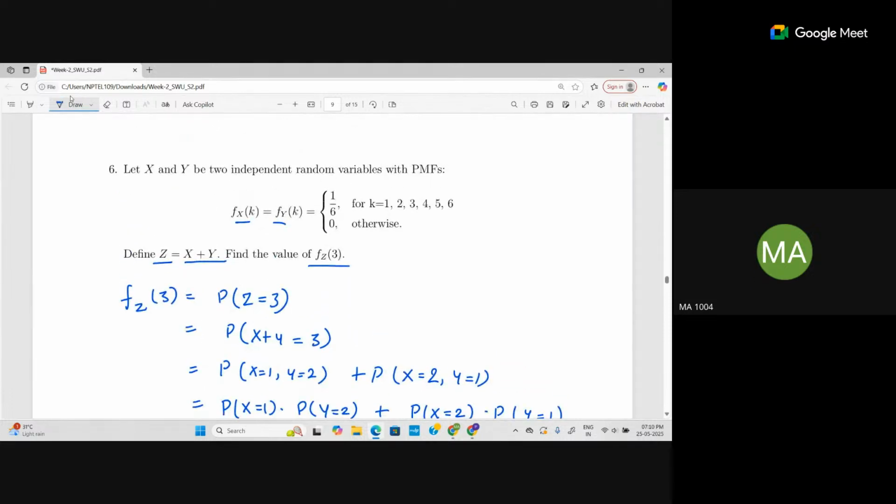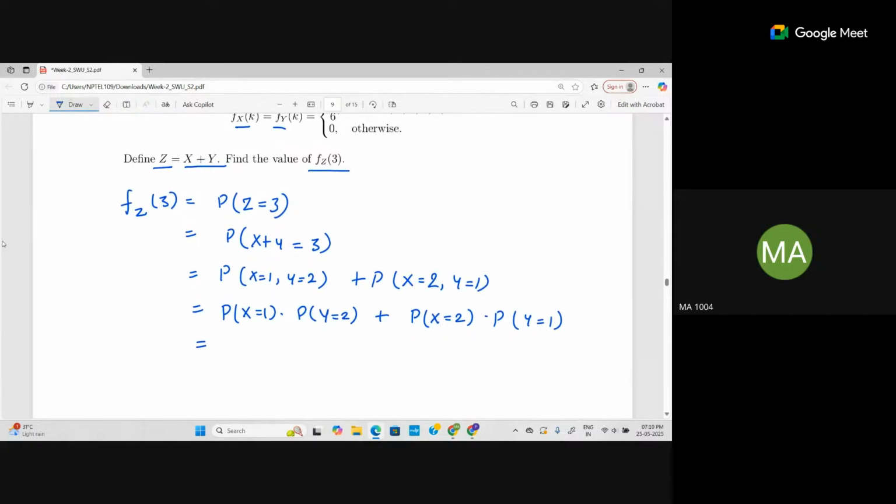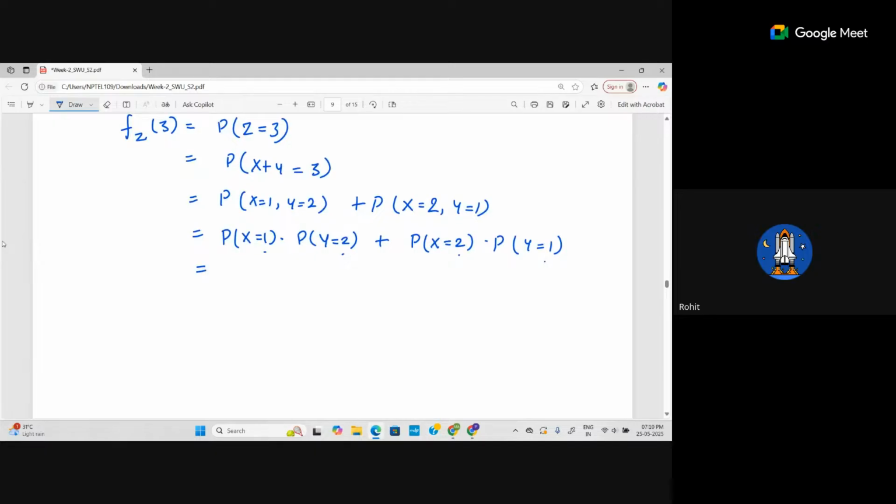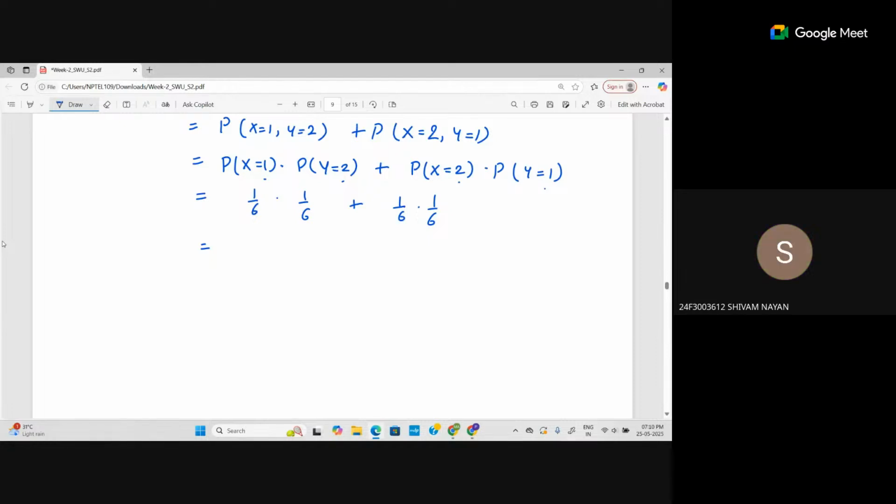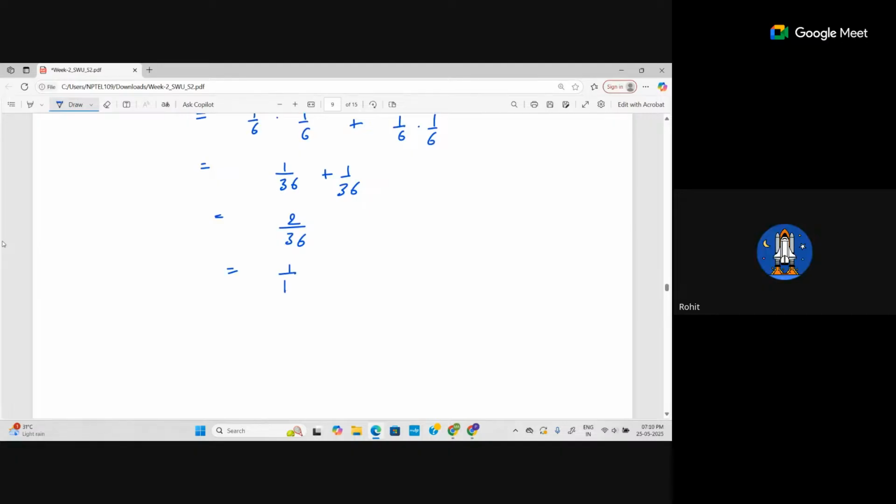The PMF is 1 by 6 when k takes values 1, 2, 3, 4, 5 and 6. So we have to find the PMF at points 1 and 2. This will be equal to 1 by 6, and this is also 1 by 6. So the answer is 2 by 36, which is 1 by 18.